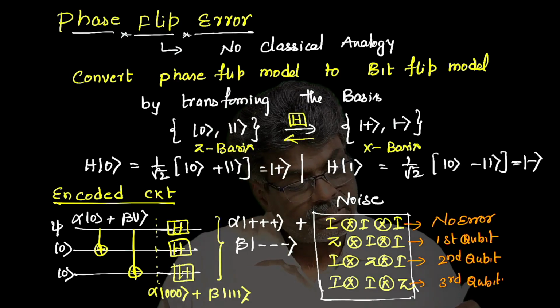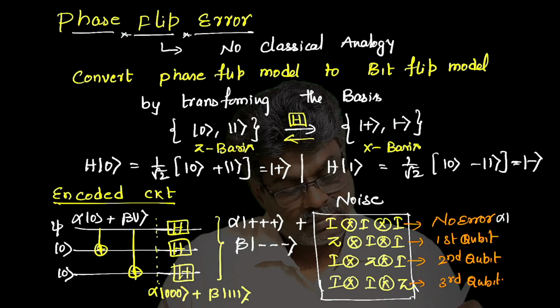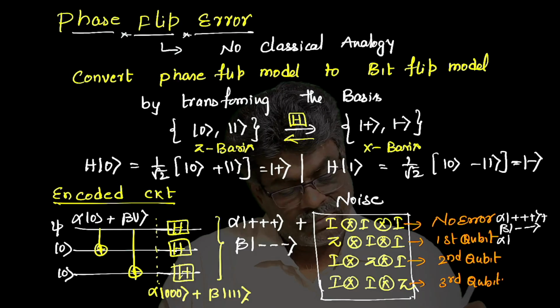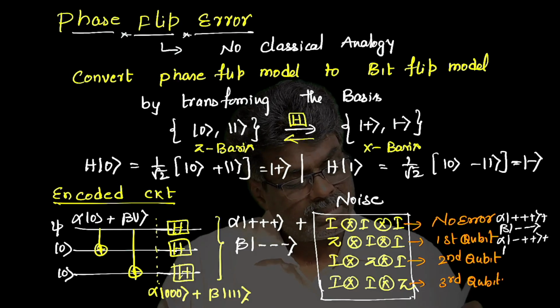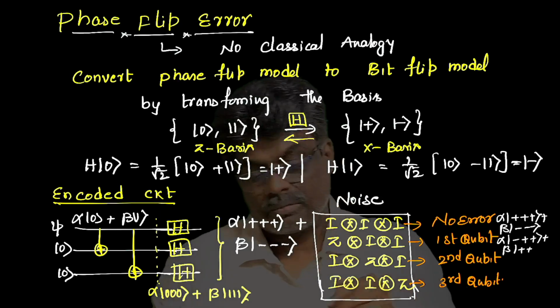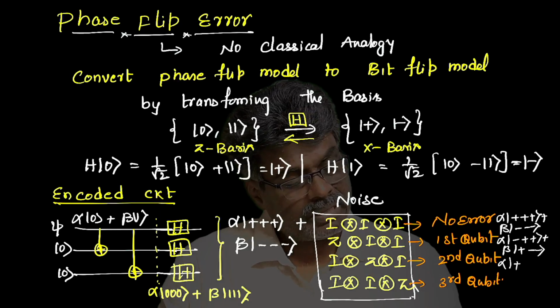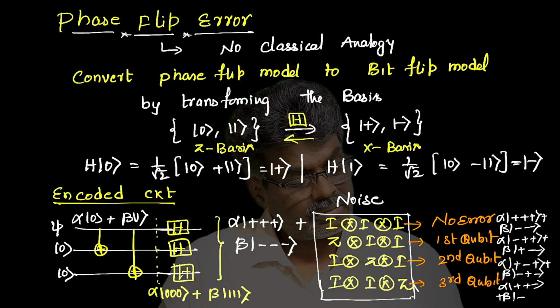After this it becomes alpha plus plus plus, because there is no correction, and for the first bit, alpha minus plus plus plus beta plus minus minus, and for the second bit, alpha plus minus plus plus beta minus plus minus, and here alpha plus plus minus plus beta minus minus plus.